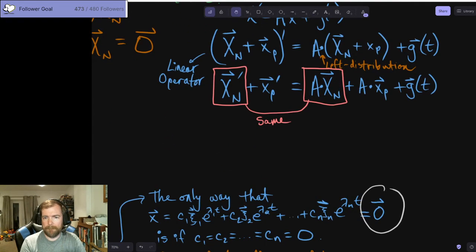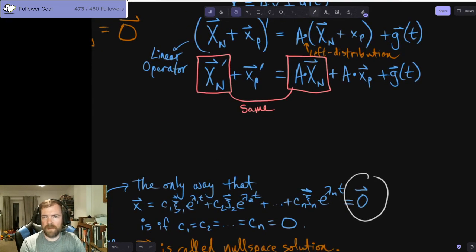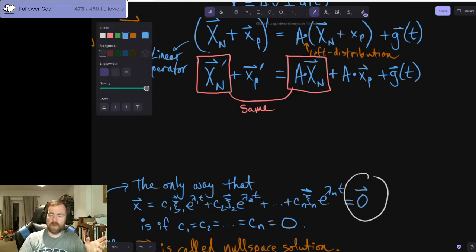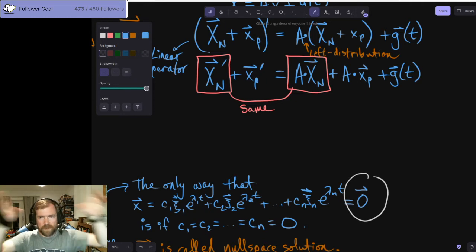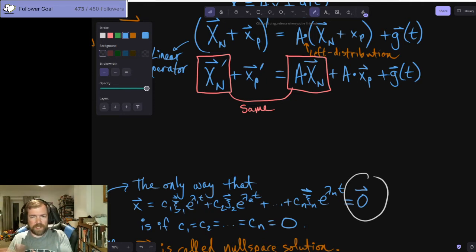Much like when we were doing partial fraction decomposition, we say all of the stuff that's the same in whatever sense we're talking about is equal to each other, and then the other stuff is equal to each other. In this case, we already knew from earlier that our null space solution is essentially a separate solution all by itself.